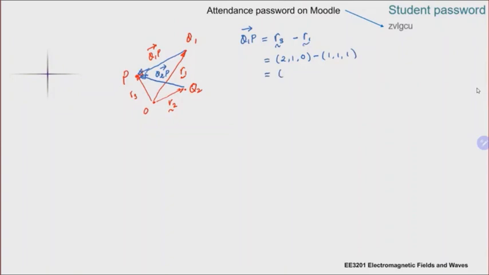This gives us (1, 0, -1), and this is in centimeter. And then the unit vector is that divided by root 2.